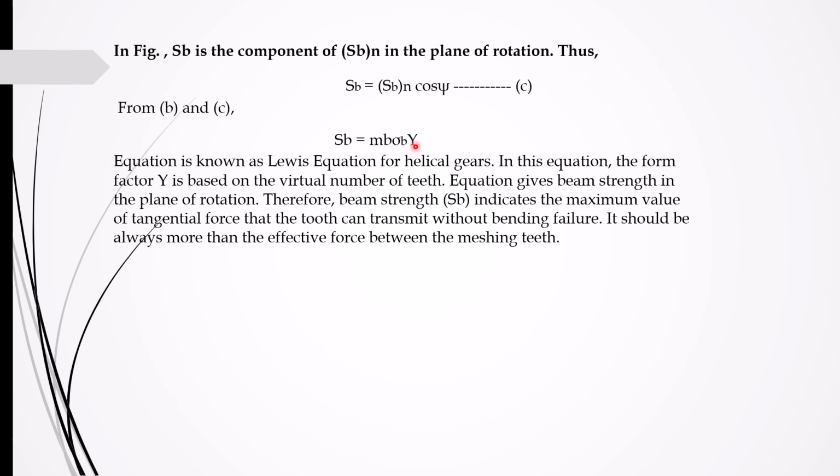This equation is called Lewis's equation for helical gear. In this equation, the form factor y is based on the virtual number of teeth. The equation gives beam strength in the plane of rotation. Therefore, beam strength SB indicates the maximum value of tangential force that the tooth can transmit without bending failure.